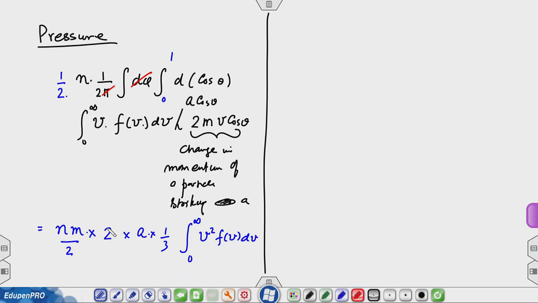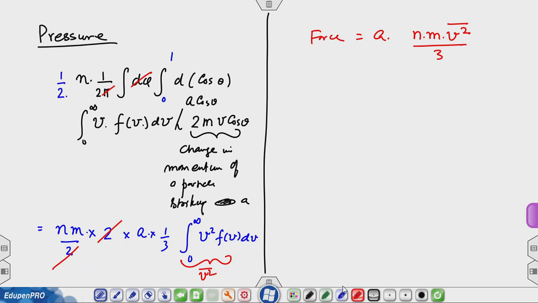This 2 cancels again. So I get the force on this area A to be A times n m v square average divided by 3, because this term out here is v square average by definition.